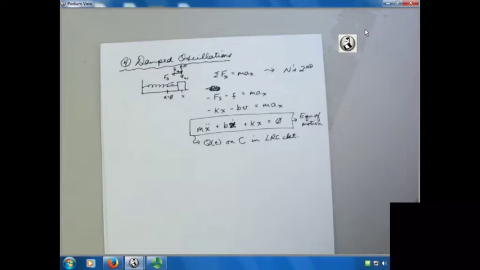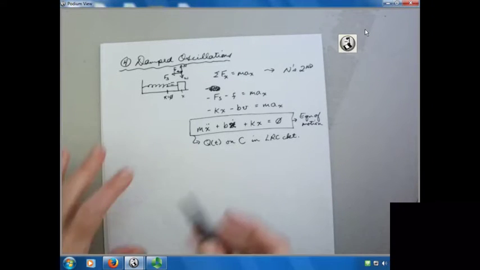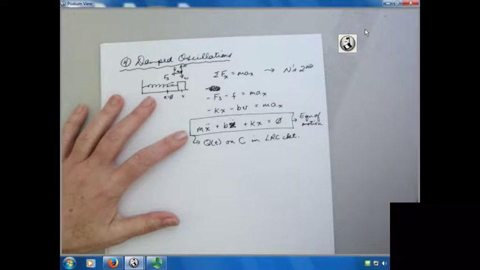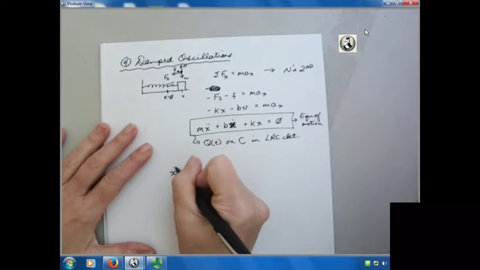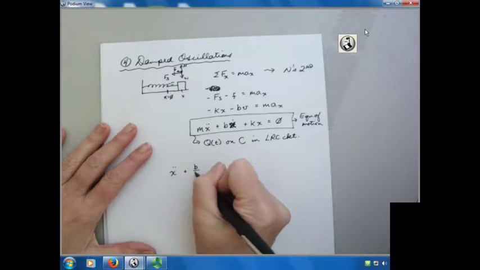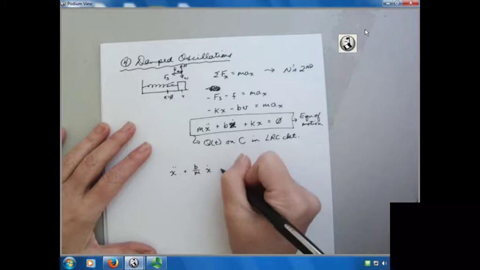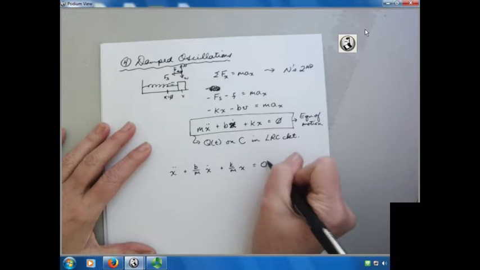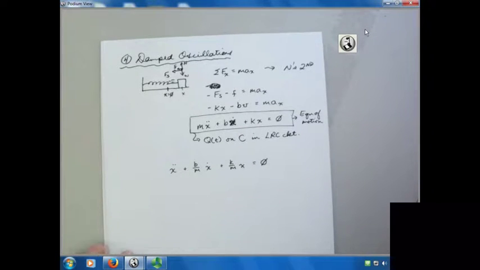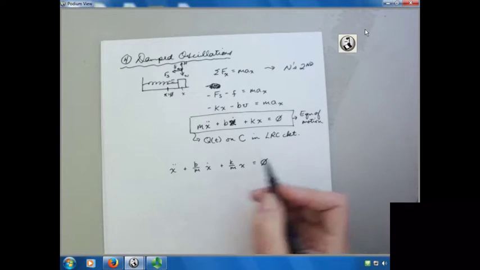All right. So let's do some math. In order to solve this, the first thing I'm going to do is divide everything by m. Great, and then I'm going to rename some of my constants.